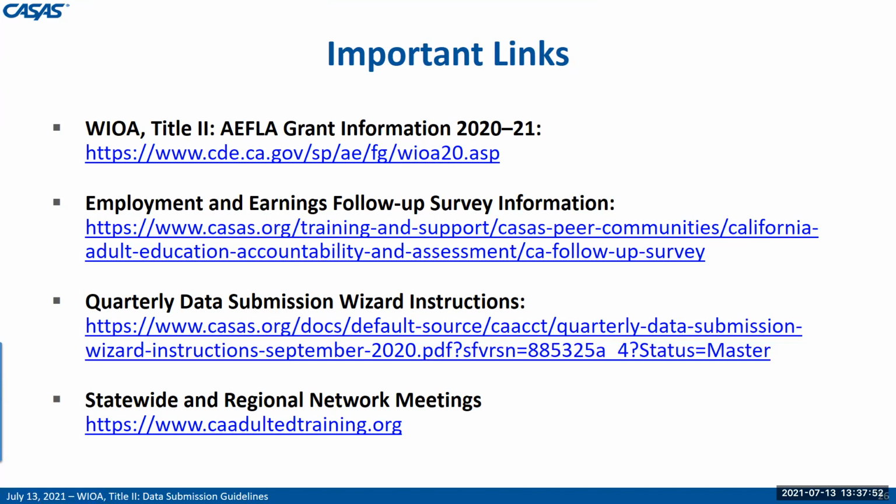And here are the quarterly data submission wizard instructions, as well as the state and regional network meetings. I highly suggest that you attend a few meetings during the year, or every quarter. That would be fantastic, so you keep updating with the latest news with WIOA.